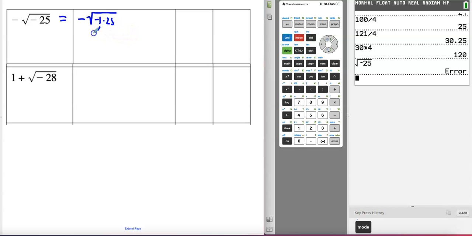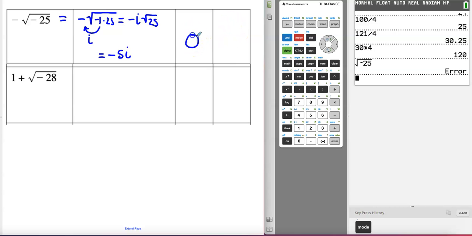Now, you can move that negative 1 out, okay, by pulling an i out, letting me know that it's imaginary. And so this will now be negative i on the outside times the square root of 25. And so when you simplify the square root of 25 now, you should just get negative 5i, okay? All right, now what is the real part and what is the imaginary part?